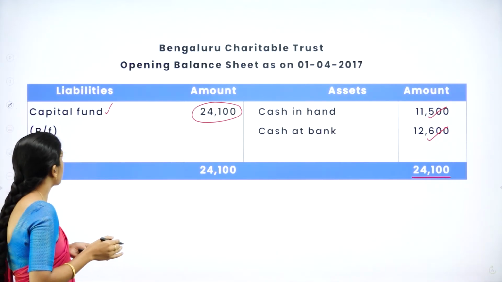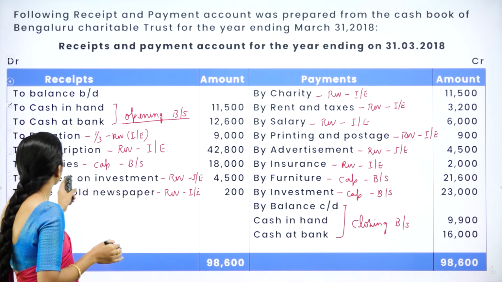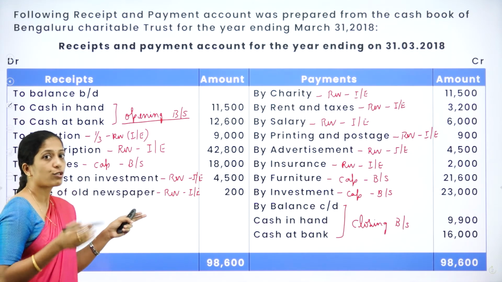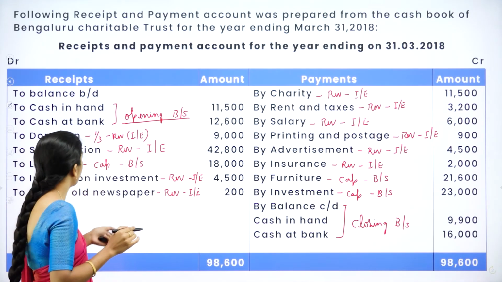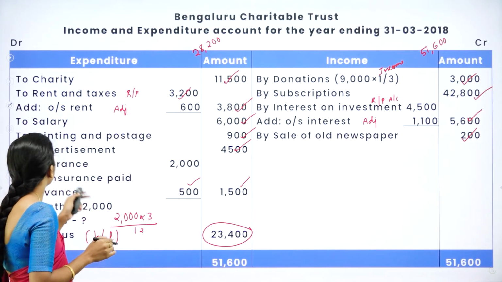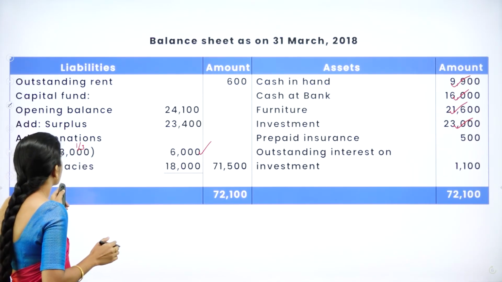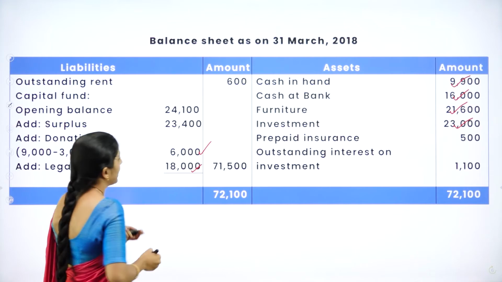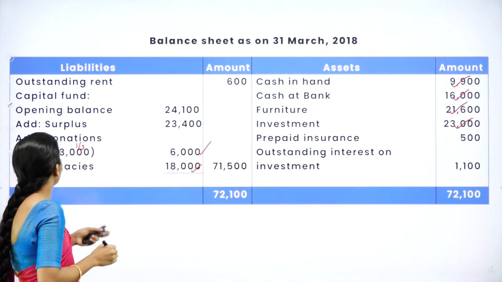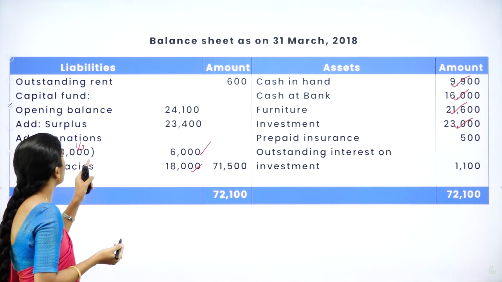Let's see which is the next item that has to be added. Next is legacies. It also has to be added to capital fund. Clear? Now, how much is the capital fund?